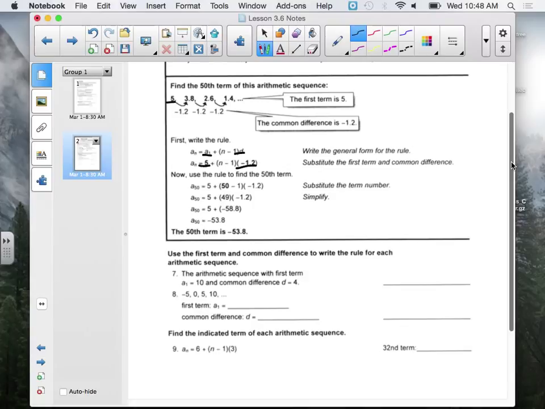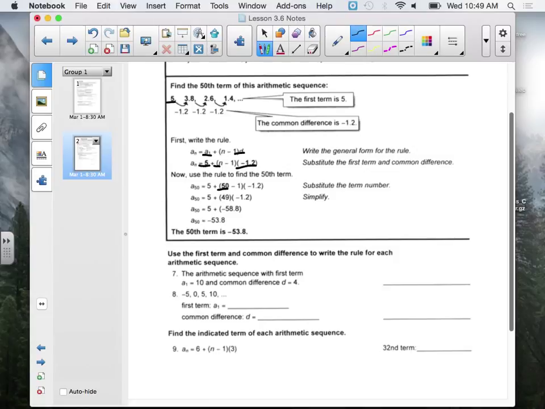Now we just substitute what in for n? 50, right. We substitute 50 in for n. So now we should get an equation that says a sub 50 equals 5 plus 50 minus 1 times -1.2.